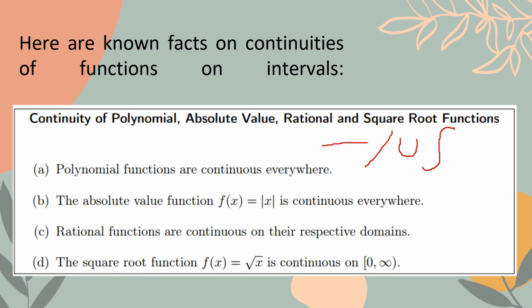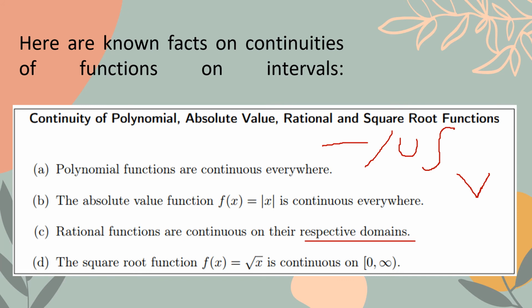Absolute value, katong murag letter V ang dagway niya. Rational functions are continuous on their respective domains, meaning to say, continuous siya kung walay makapa-zero sa denominator. So, pwede all real numbers kung dili siya zero inig-substitute.